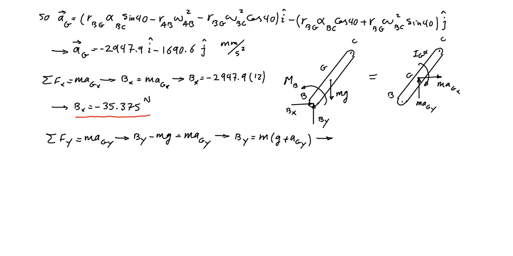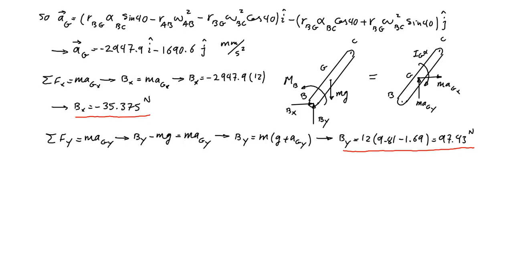I know what a G y is, minus 1,690.6, and I know the mass, which is 12 kilograms. To be consistent, I'm going to convert that a G y to meter per second squared, so divide that by 1,000, you will get minus 1.69, which gives you the value of B y, and that is 97.43 Newton. So these are the components of the internal or reaction forces at point B.